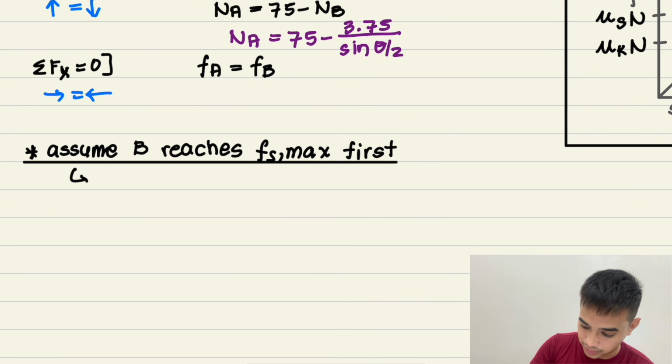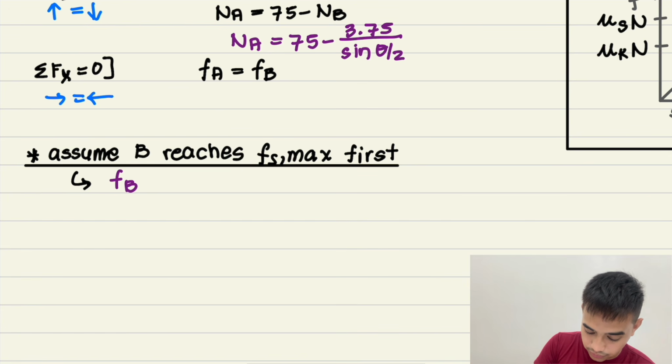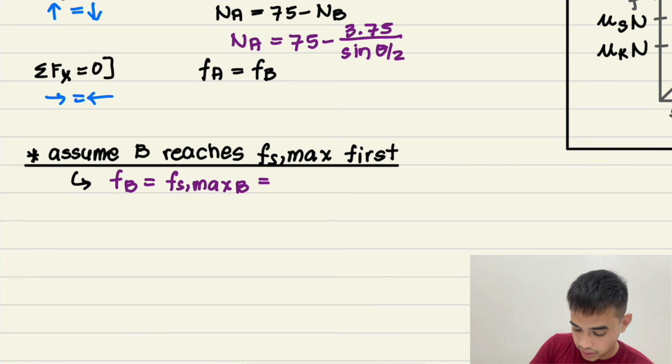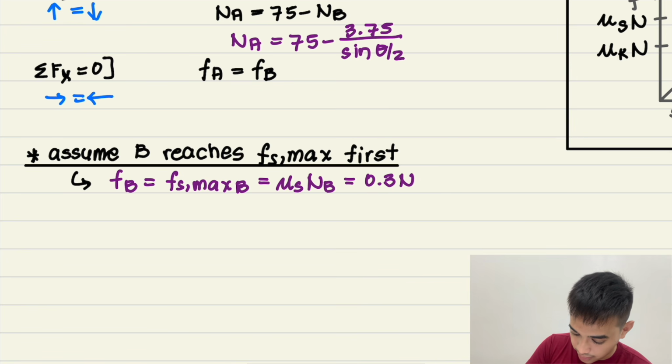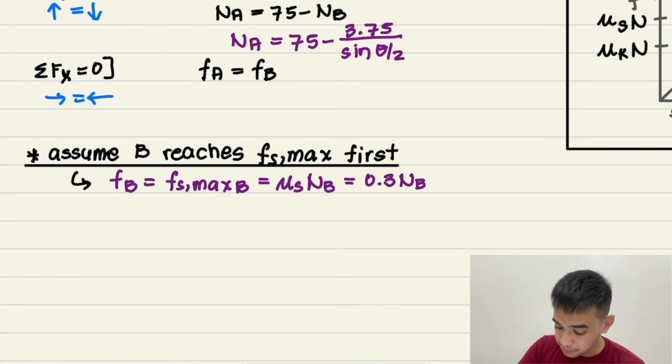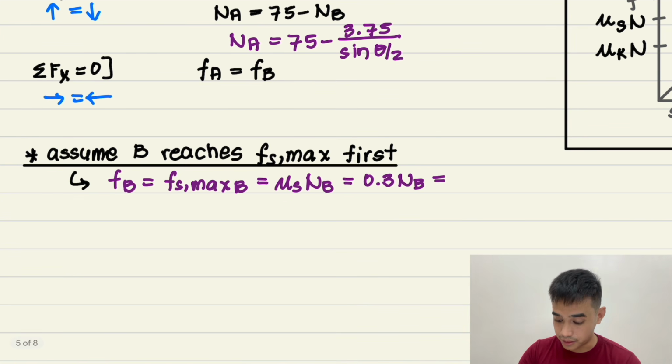So since we're assuming that, our equation will now be, for the friction force at B, it will be Fs max, which is mu s times the normal force, or 0.3 NB. And based on our summation of forces along the horizontal, this must also be equal to the friction force at A.